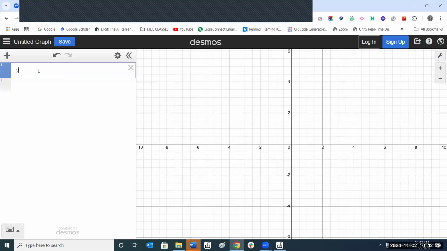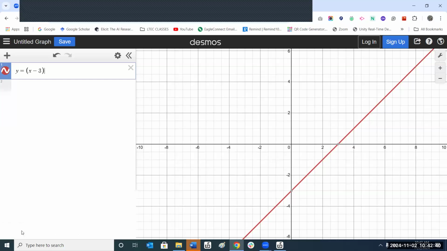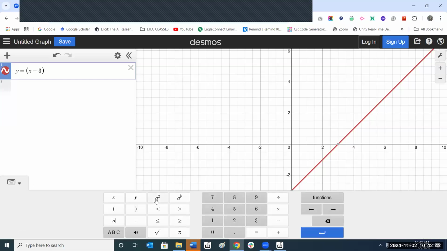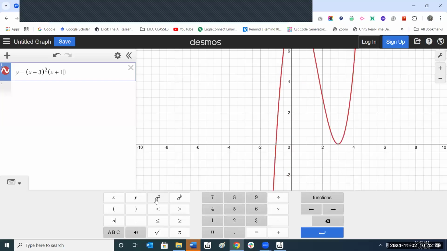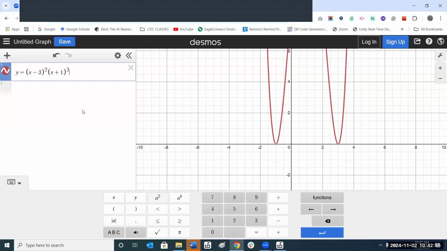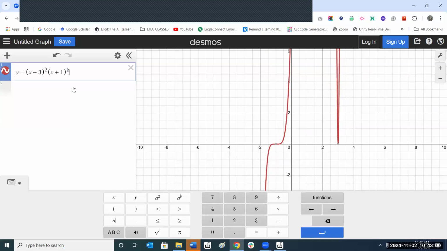So here's, I'm going to say y equals (x minus 3) squared times (x plus 1) to the... I don't want square, I want something better. This one's going to be 5.